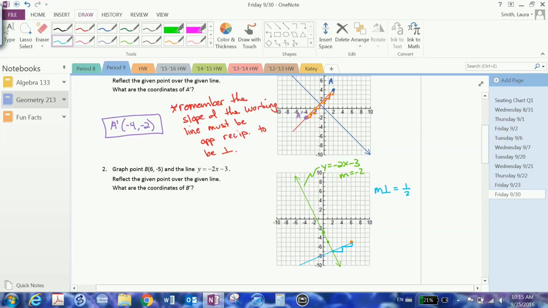So I'm going to repeat the same thing on the other side of the line of reflection. Fall 1, run back 2, fall 1, run back 2. There I am on the line. So there is B prime, if this was B. So those coordinates look like (-2, -9).